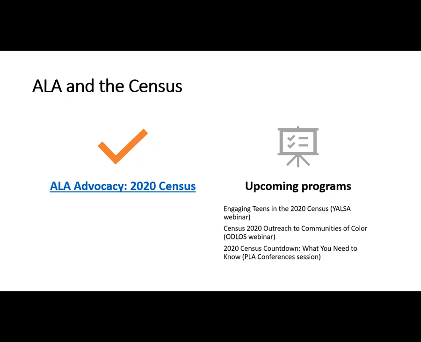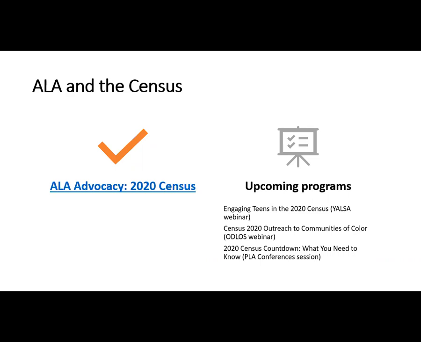There are a couple upcoming programs from ALA, so if you have targeted populations that you want to work with, there's a YALSA webinar about engaging teens. The Office for Diversity, Literacy, and Outreach Services, ODLOS. Office of Diversity, Literacy, and Opportunity? Something.